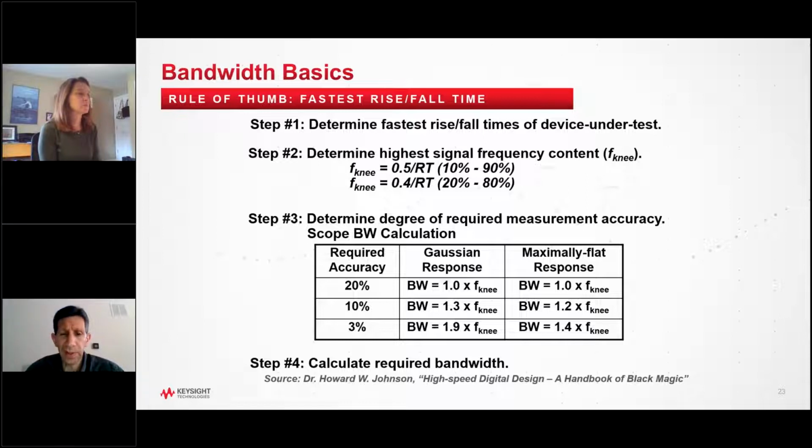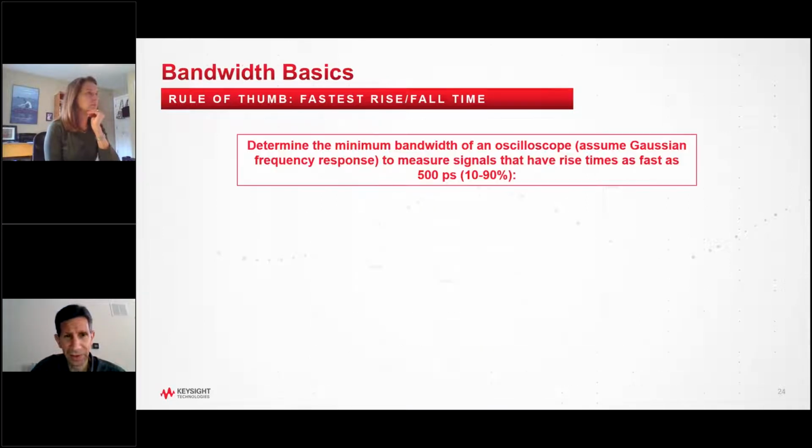You see there is some variation between a Gaussian response versus a maximally flat, which would also help determine what type of oscilloscope you might pick. You don't have to memorize these formulas or write them down; we're going to post the slides afterwards.